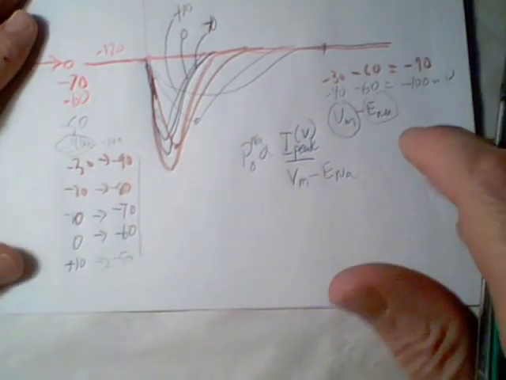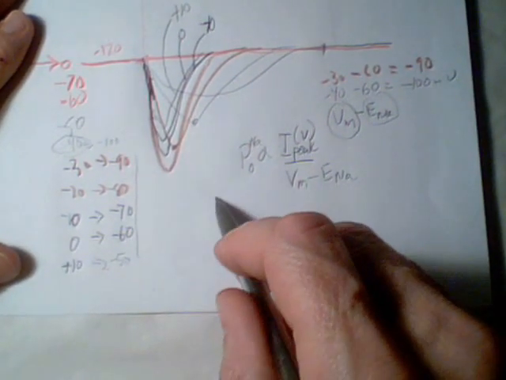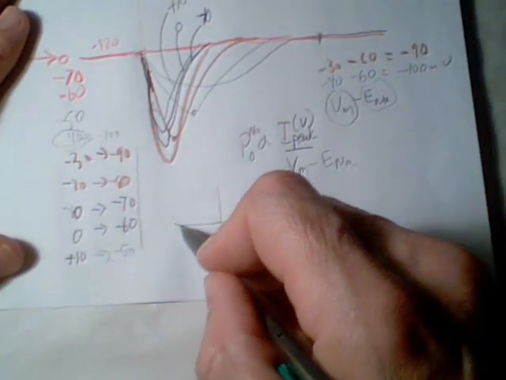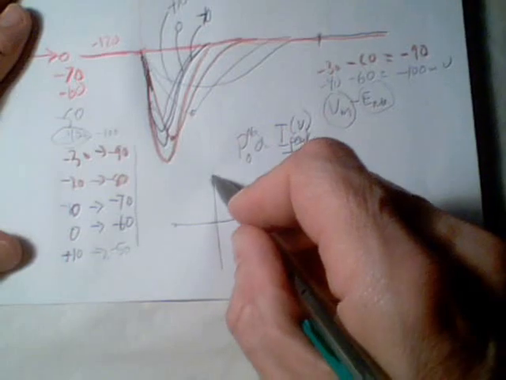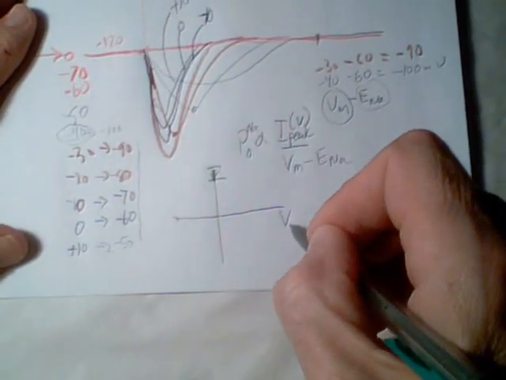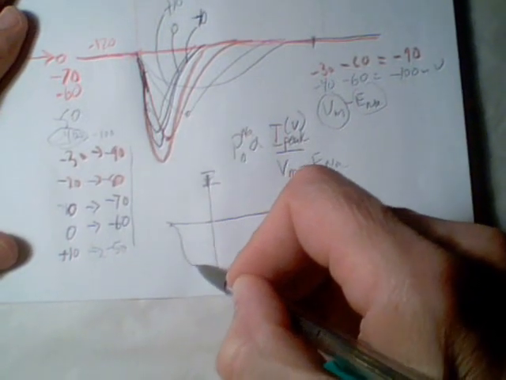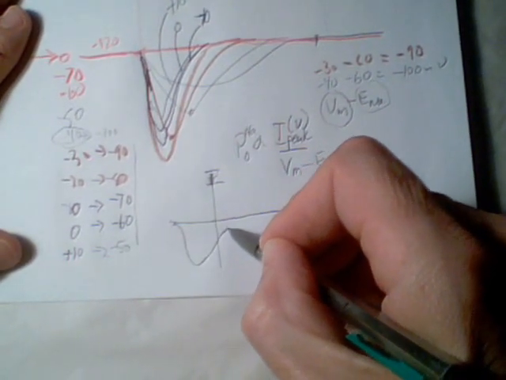All right? So if we first just plot what we call the current-voltage relationship, with the current on this axis and Vm on this axis, we would see that it does something like this. And we know this because we just went through it.